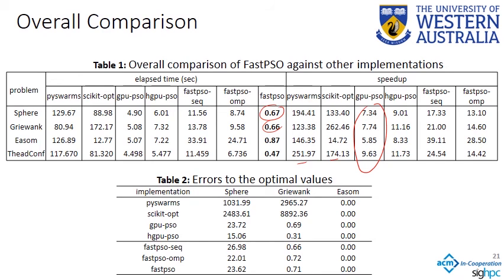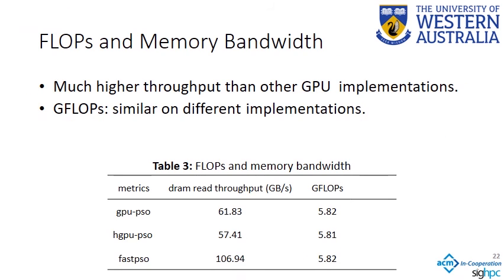We also compare the errors that we search, and as we can see, we produce similar results to the baselines, and also more reliable results, as we can see from this table. And finally, we also have studies on why our algorithm is faster. It's mainly because of the throughput to the memory.